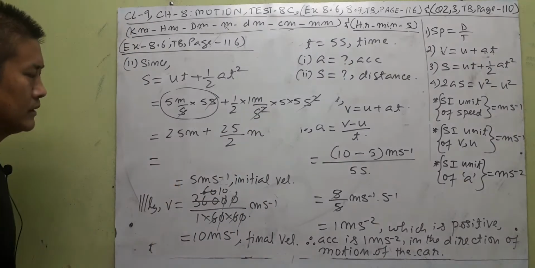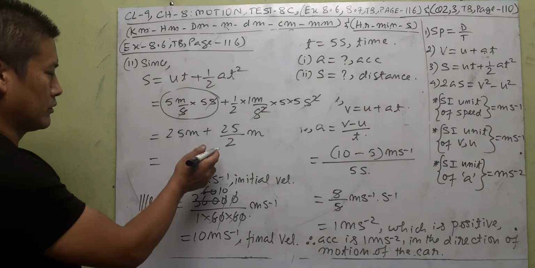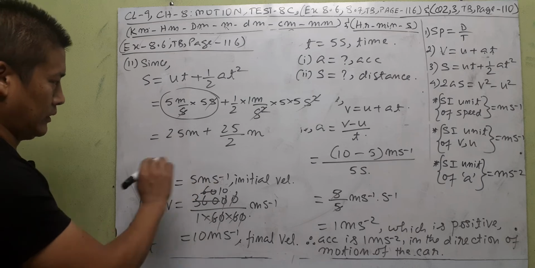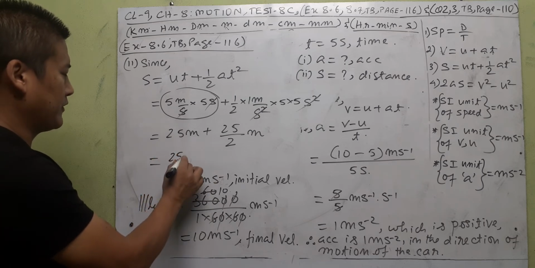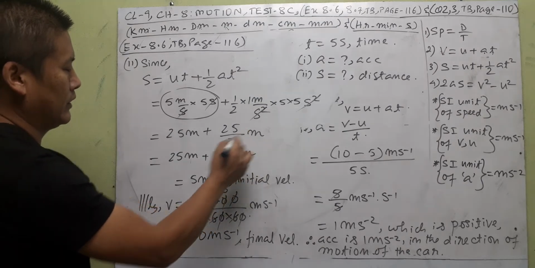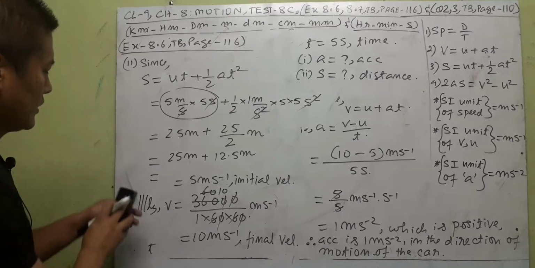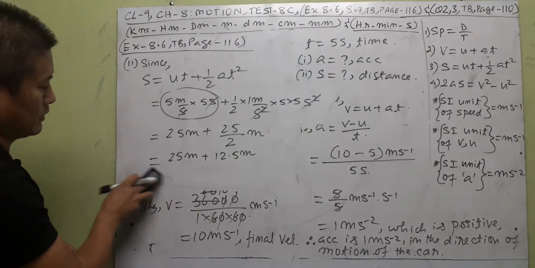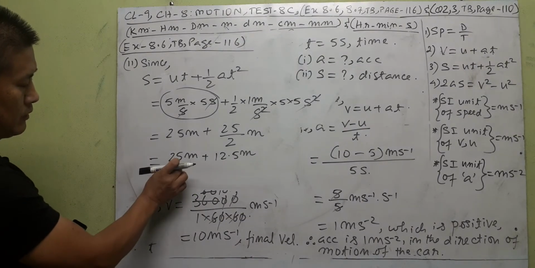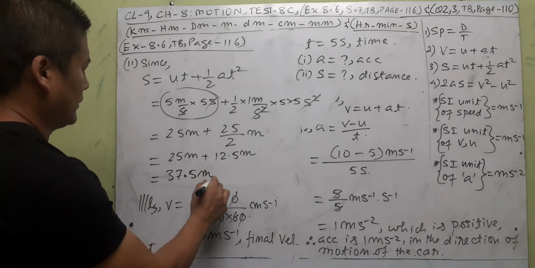I think this is quite easy. Now here you can do like this also, or you can do either way also. So you can just do 25 meter divided by 2 is 12.5 meter. You can do like that also, or you can multiply here, do like the normal simplification also. So this is equal to 37.5 meter.